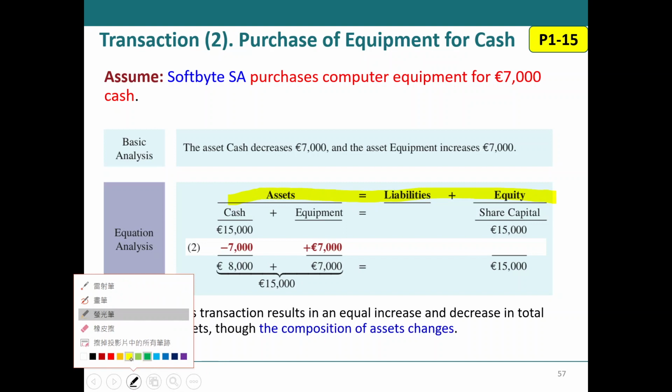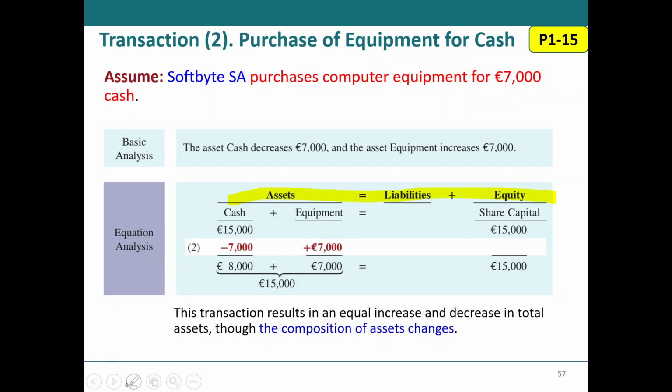Our reason is you purchase equipment. That's your reason. You got the equipment, so that's why it increases. Because of that, did you pay the cash? Yes. So the result is your cash decreases.